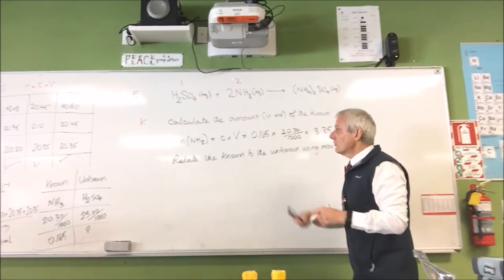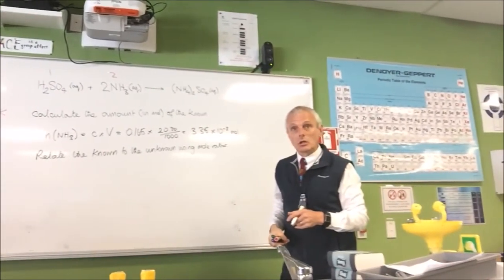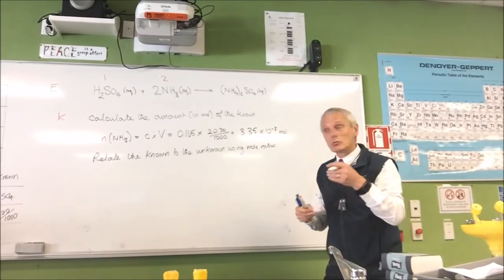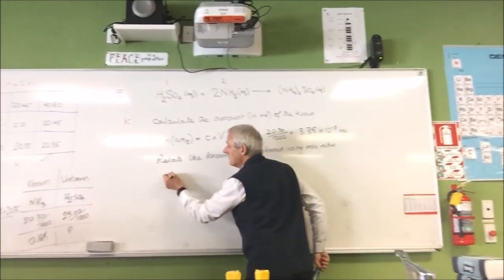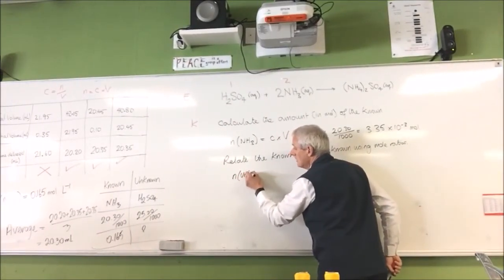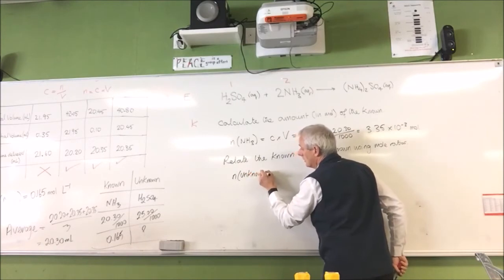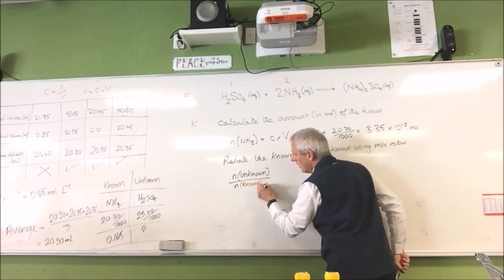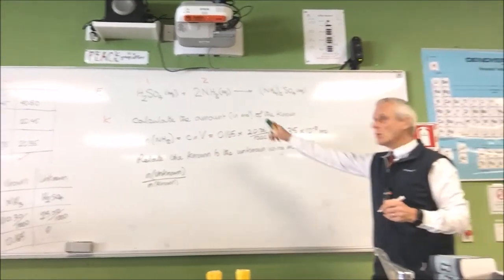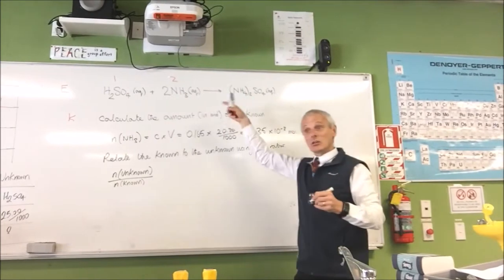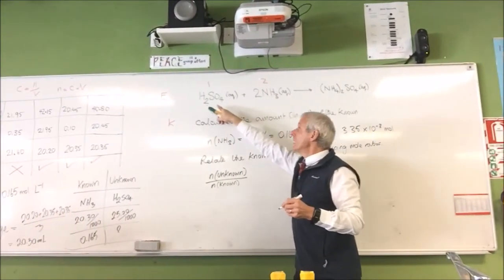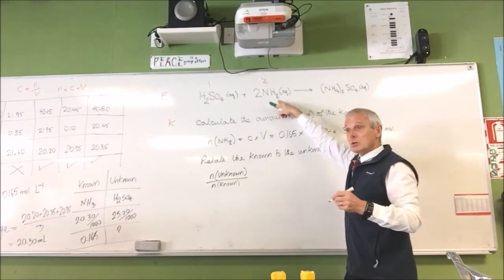Okay? So if we're looking at the mole ratio, the best ratio is to do unknown to known, as you'll see. So if we write that down, N unknown divided by N known, those two numbers are the numbers we're going to get from the mole ratio of the equation. 1 to 2 are unknown to known.